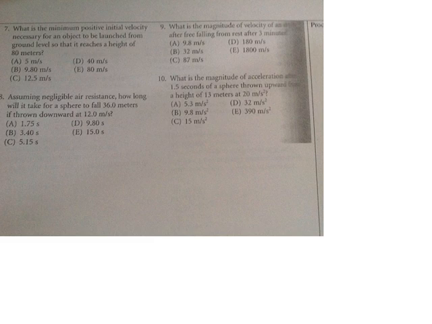What is the magnitude of velocity of a blah blah blah after free falling from rest after 3 minutes? Doesn't matter what it is, all we want to know is the velocity after it fell for 3 minutes. So remember, this is in minutes, we need to turn this into seconds. Hopefully you know there's 60 seconds in a minute, therefore it's 180 seconds, so it fell for quite some time. And I just want to know the final velocity.